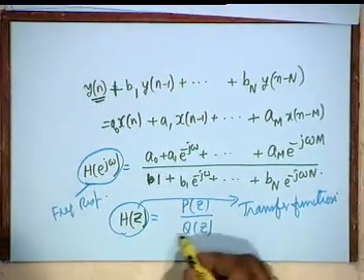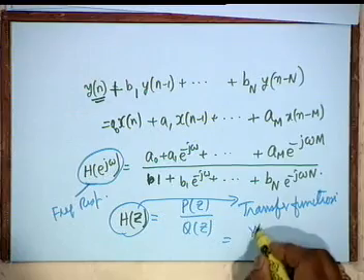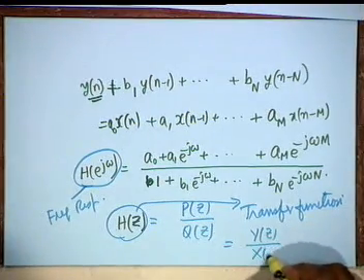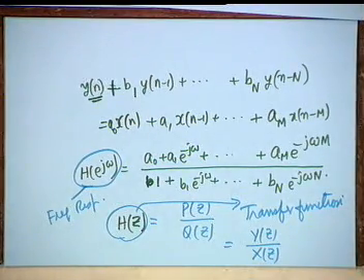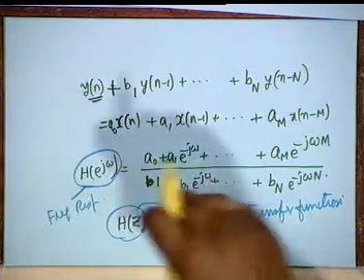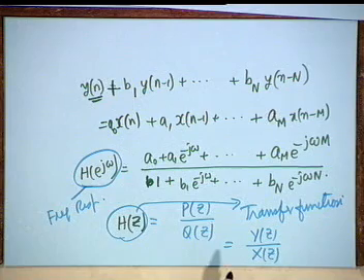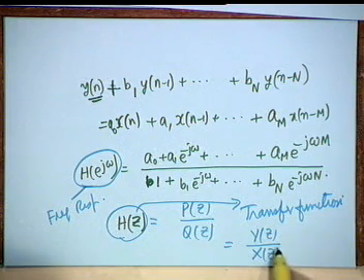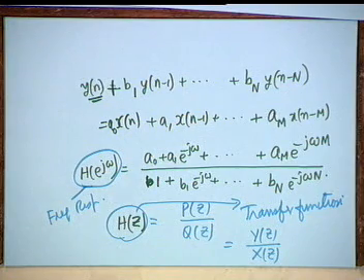Because as you can see, it is also the ratio of Y of z divided by X of z. How X of z is transferred to the output is characterized by the ratio H of z, and one should remember that the z domain transfer function and the frequency response are intimately related, provided both of them exist.